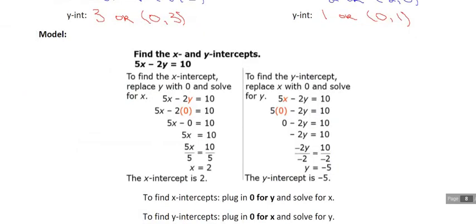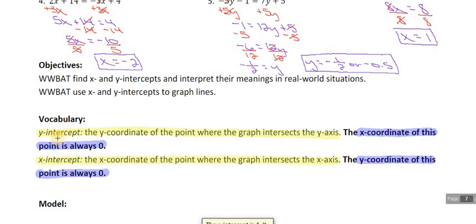So for our next problems here, we're going to find the x and y intercepts of an actual equation. And this is where we need to take into account that y-intercepts occur where x is 0, which is on the y-axis, and x-intercepts occur where y is 0, which is on the x-axis.